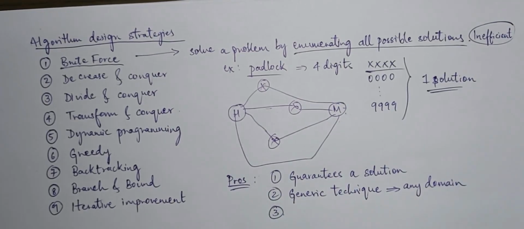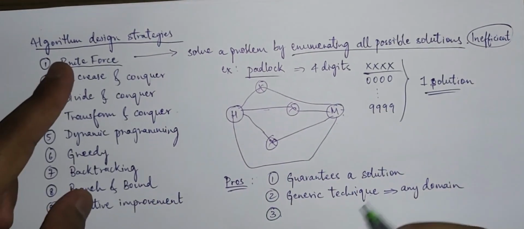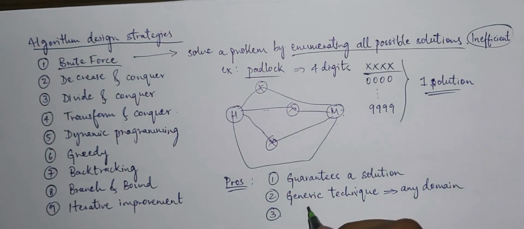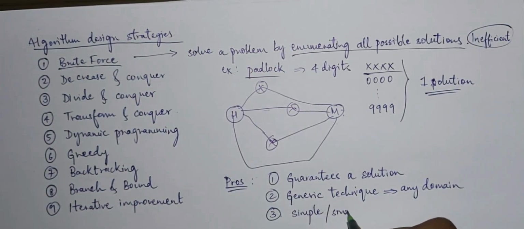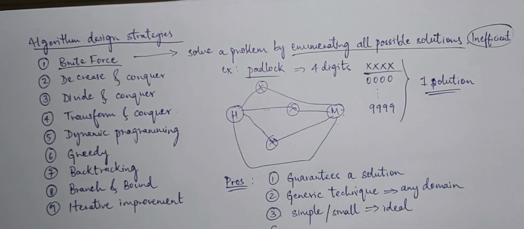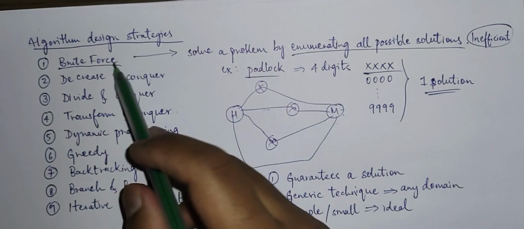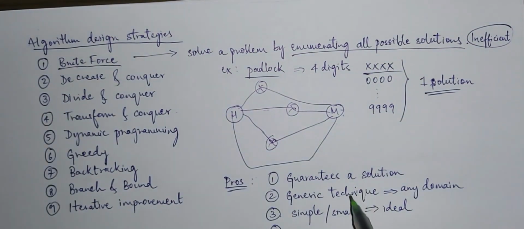The third thing is that it is usually ideal for problems which are simple. If you have simple or small problems at hand, then it is ideal in such a case. Even though it is inefficient, we can make use of the brute force technique.